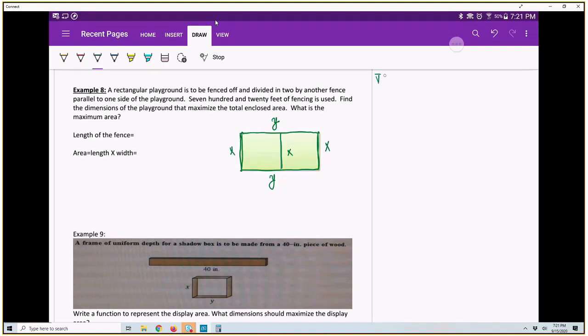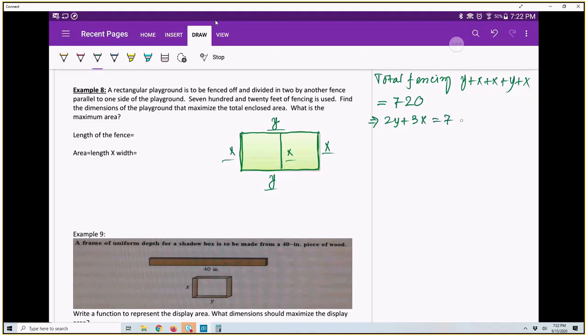And then total fencing in terms of x and y is going to be y plus x. So the first y on the top plus x plus y, that's the bottom y, plus x. And remember, total fencing available is 720 feet. So what you got? You got 2y plus 3x equal to 720.